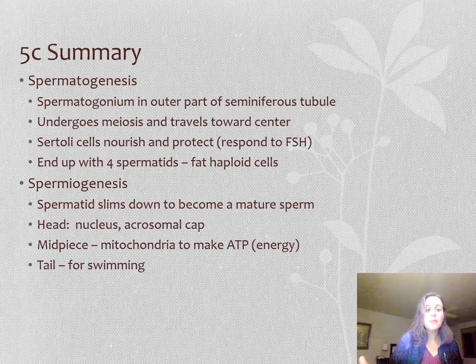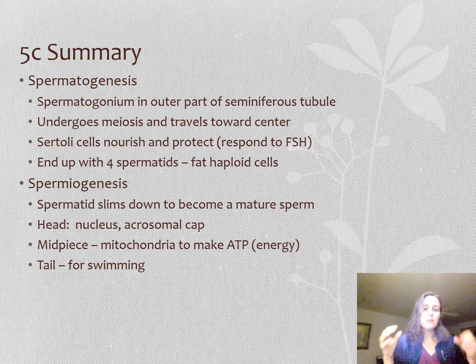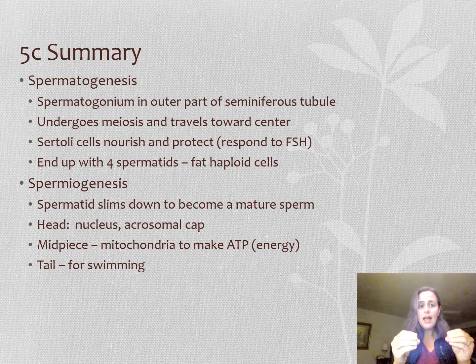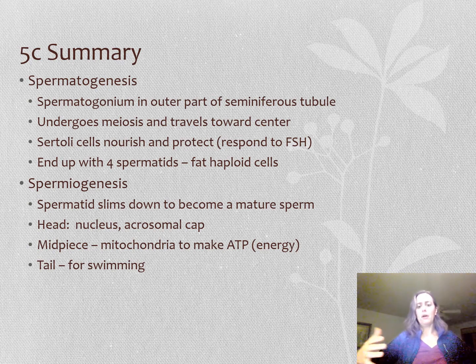So in summary, so spermatogenesis, we have a spermatogonium at the outer walls of the seminiferous tubule. It undergoes meiosis, duplication, crossover, first division, second division as it moves toward the center. And it's kind of smushed and held and nourished by those big Sertoli cells that are responding to FSH and stimulating this whole process.